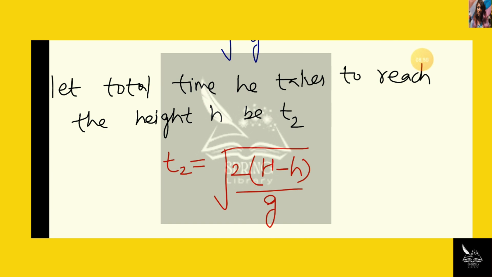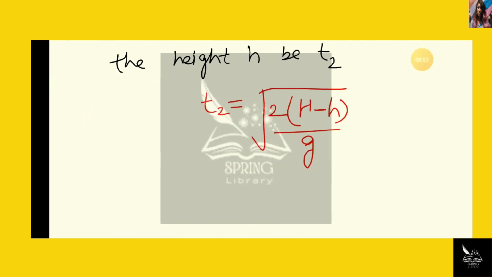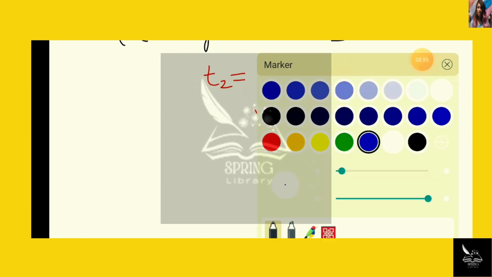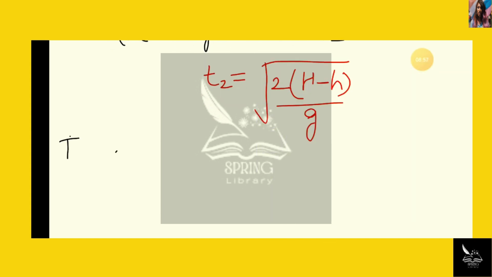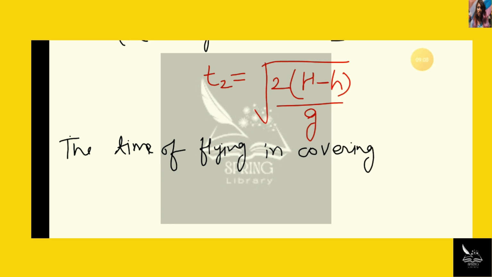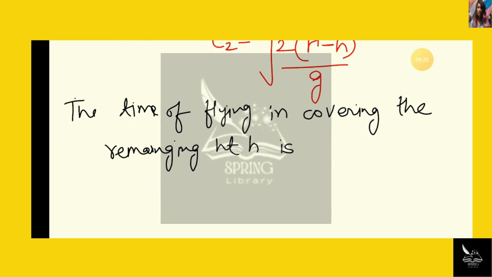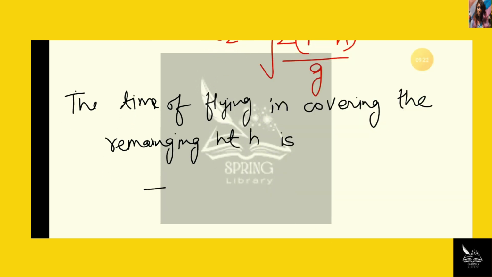So now the next step is, after finding this, the time of flying in covering the remaining height, which will be written as the remaining height h, is t1 minus t2.